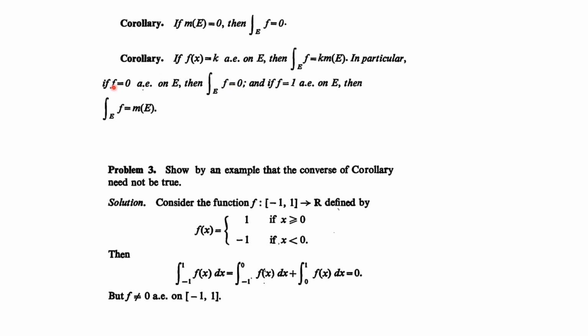And if you consider f to be 1, putting k to be 1 almost everywhere, then the integral of 1 is 1 times the measure of E, meaning the measure of E. So the value of the integral of 1 is nothing but the measure of that set.